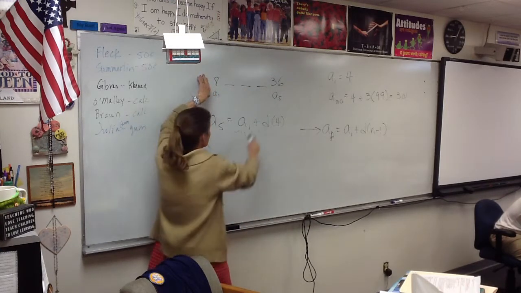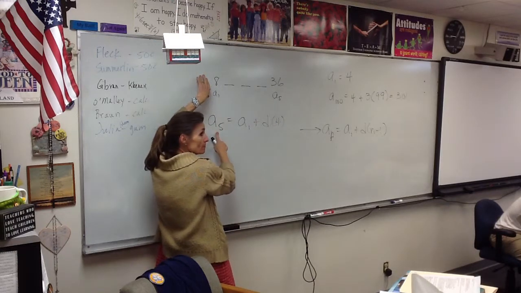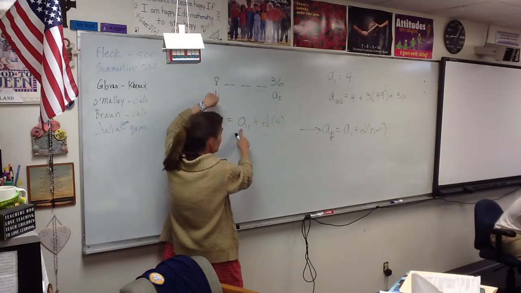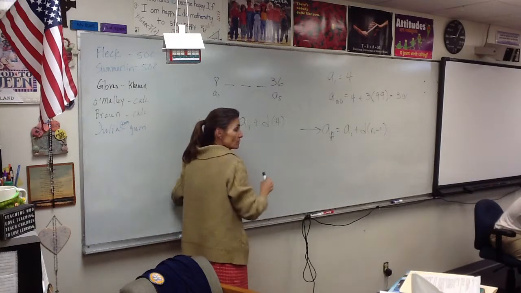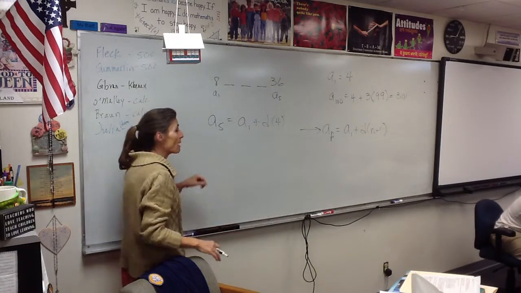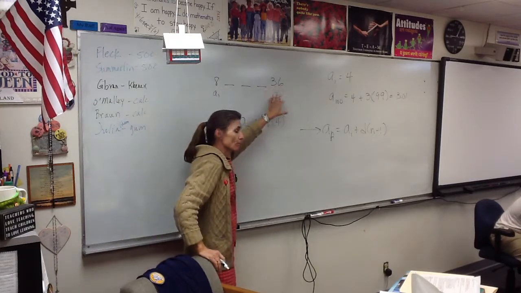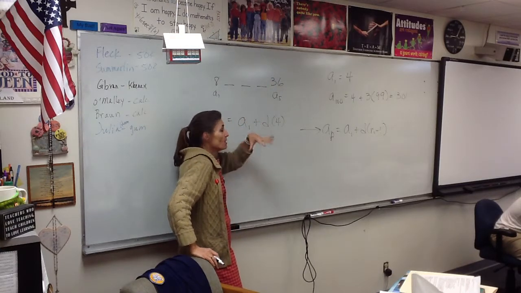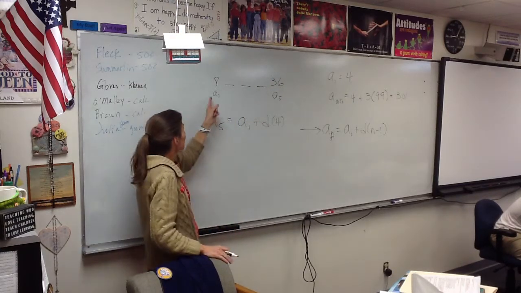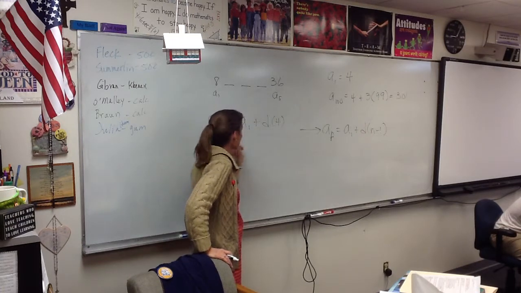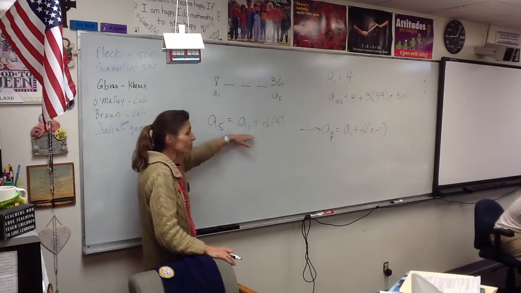So the 5th term equals the first term plus the common difference times 4. I'm using the 2 terms that I have, which in my new system are 1st and 5th, so I'm writing an equation using the 1st and the 5th.